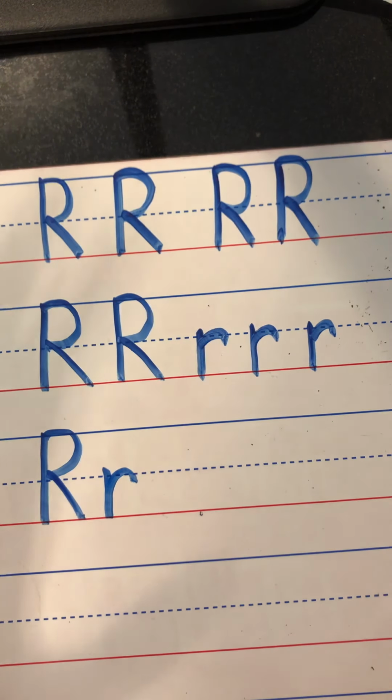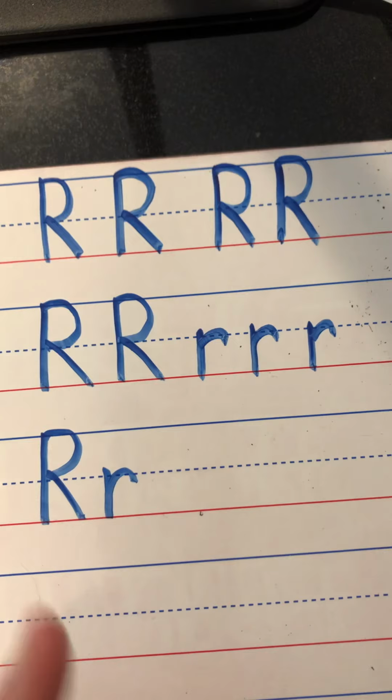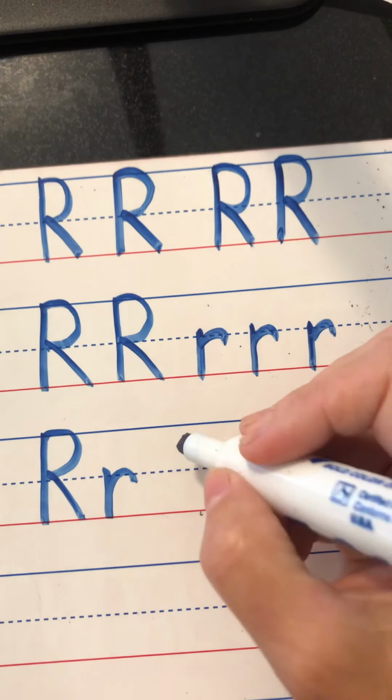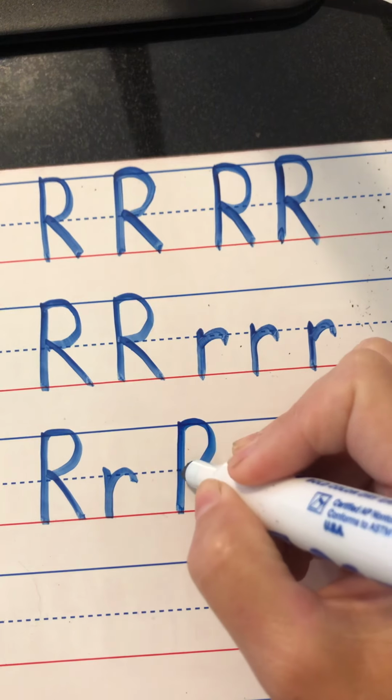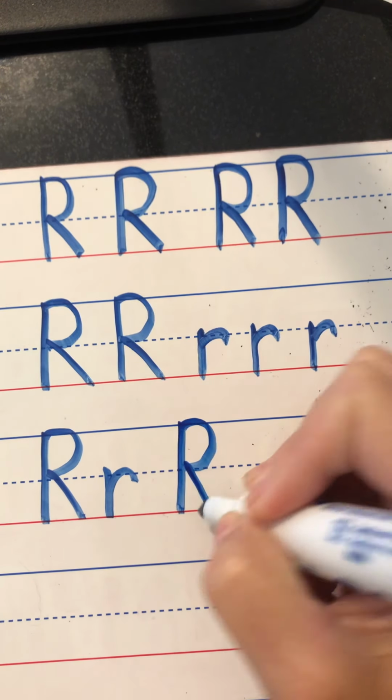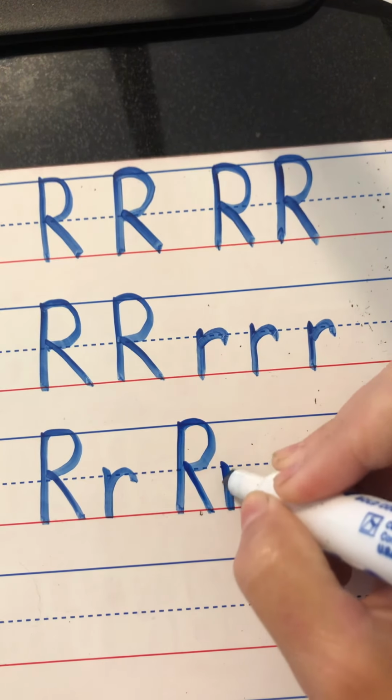The name of the letter is R. The sound is like run or rooster or rabbit. Our main job today is to memorize the name and the sound of the letter.